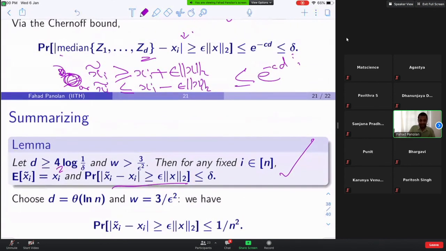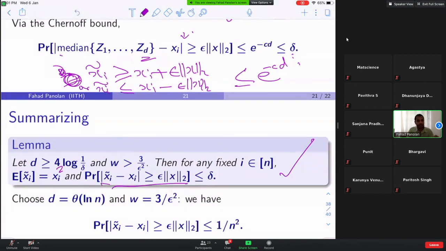So what you do, the same idea, instead of 1/delta, you substitute 1/delta to be n square. Then for any fixed i, xi tilde is a bad estimate with probability at most 1/n square.